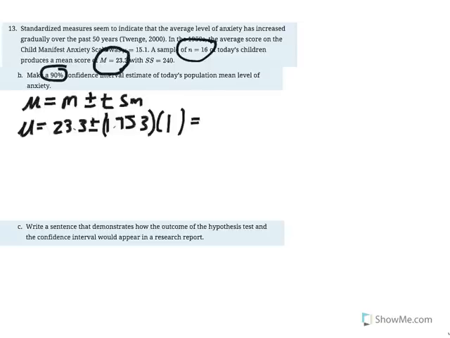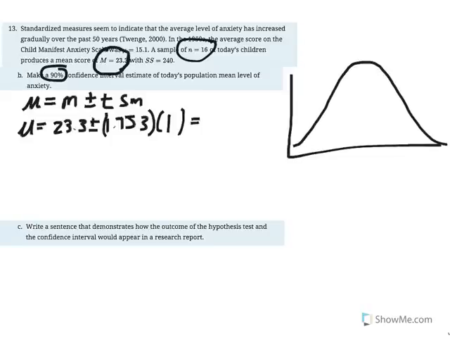So again, based on our sample, if we were able to reject the null, the sample mean of 23.3 gives us a good sense of current day anxiety levels. It's a good representation of the population. And now we're going to calculate a range of values that occur 90% of the time in the population.